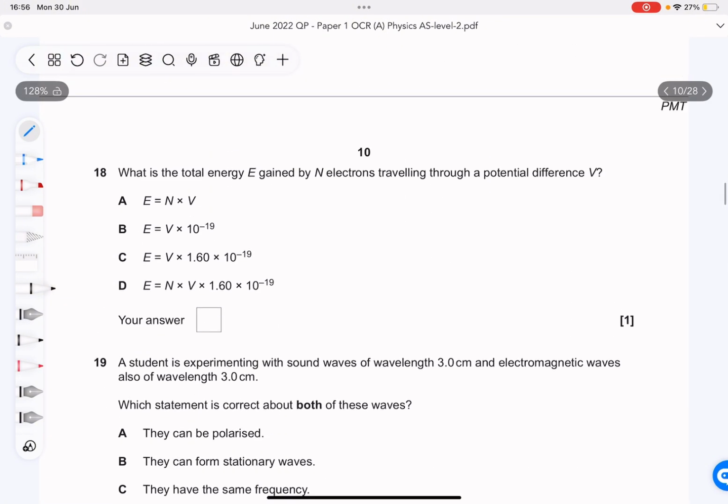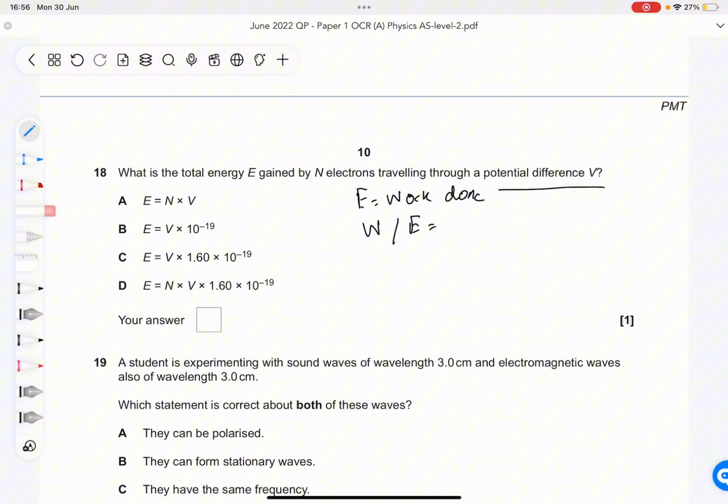Right, question 18. What is the total energy E gained by n electrons travelling through a potential difference of V? Right, so energy equals work done. And the work done, or the energy, when you're moving through a potential difference is equal to the charge times the voltage.